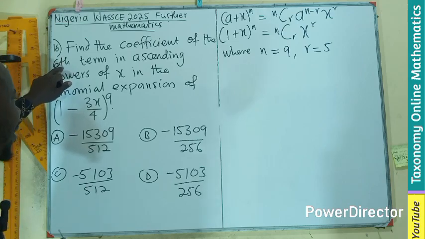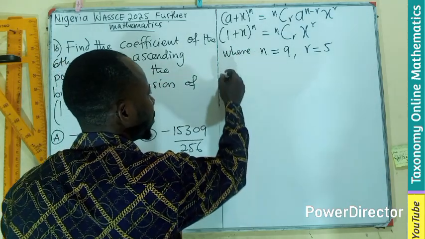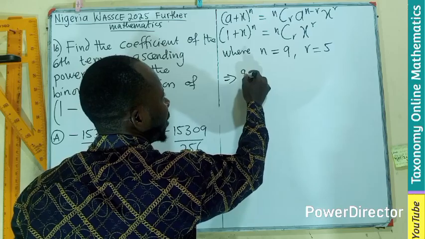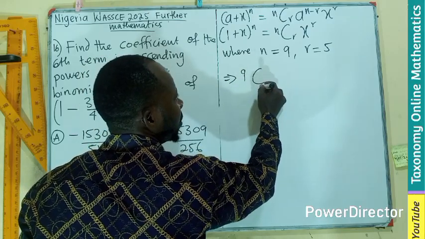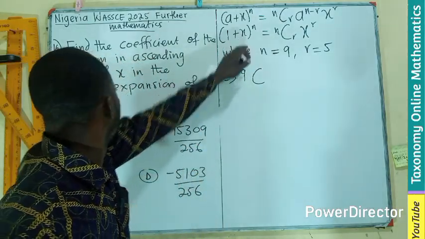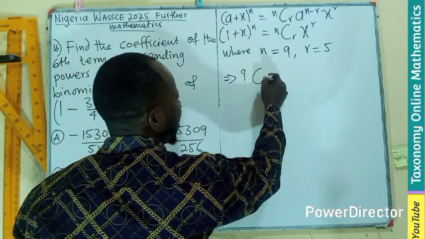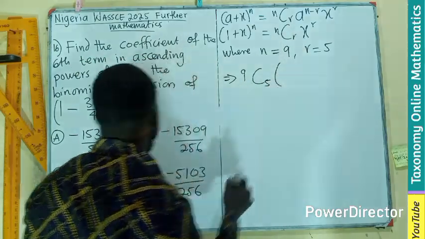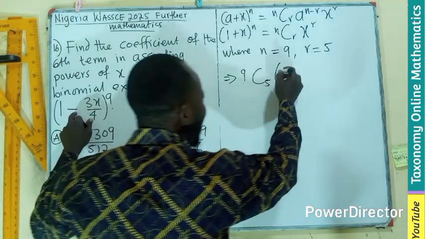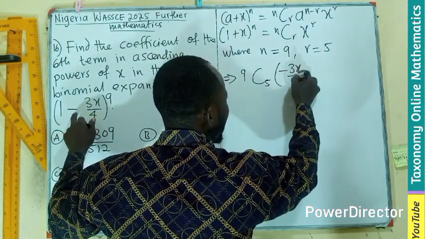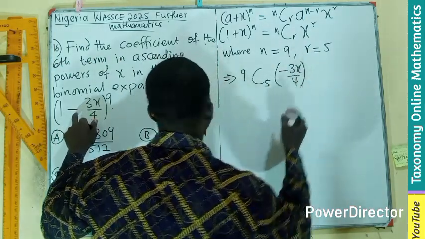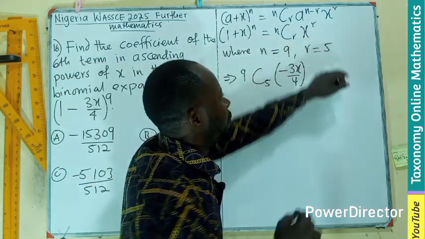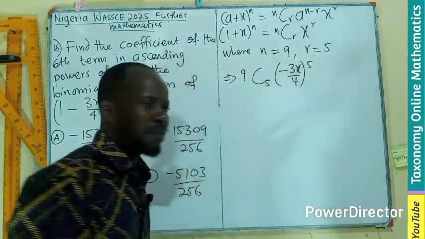So by substitution, we have 9 combination 5, that is the r, then x. What is our x? Our x is negative 3x divided by 4, all to the power of r, which is now going to be 5.